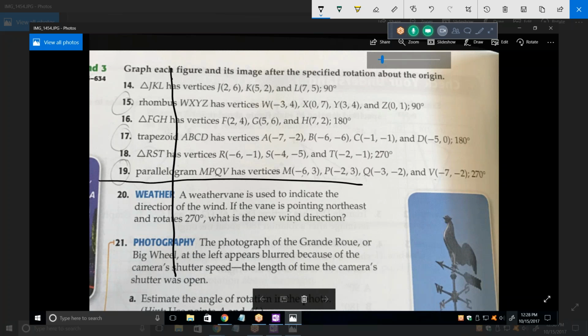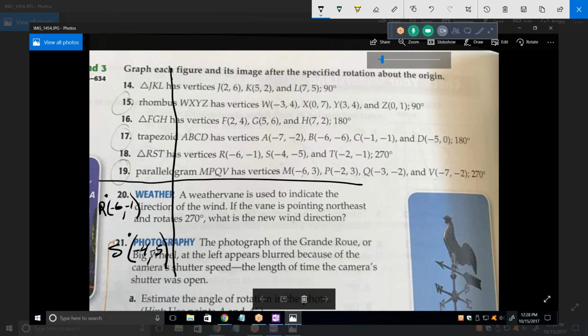Okay? So minus 6, there's R. Minus 6 comma minus 1. S is minus 4, minus 5. There's S, minus 4, minus 5.